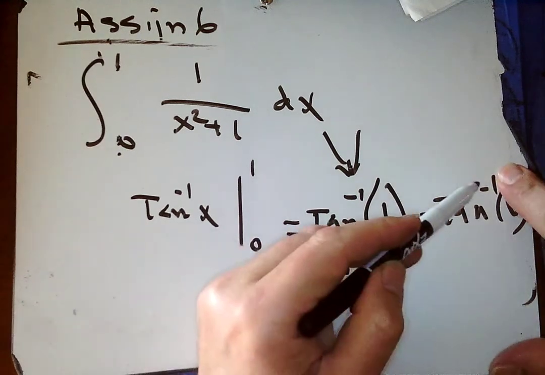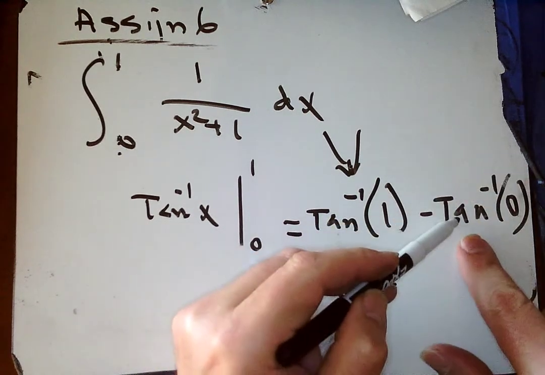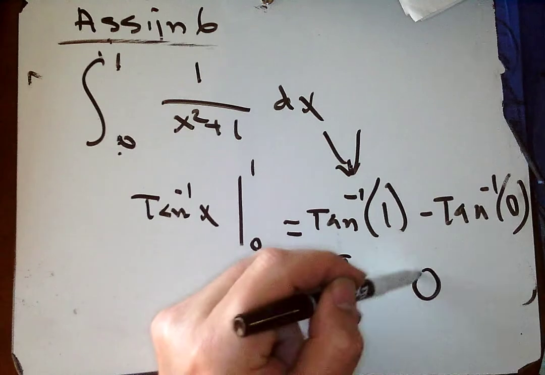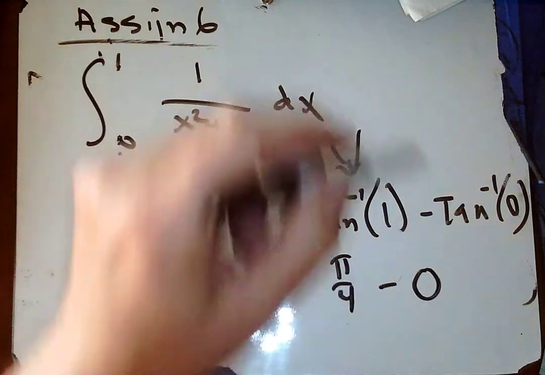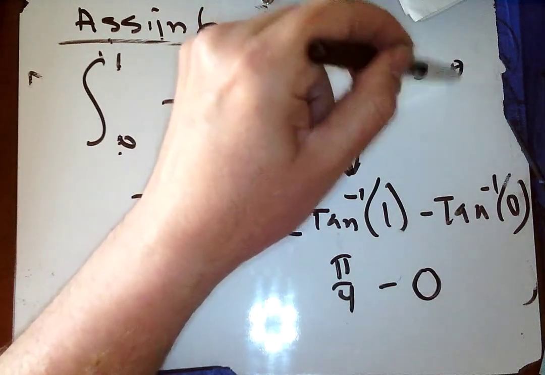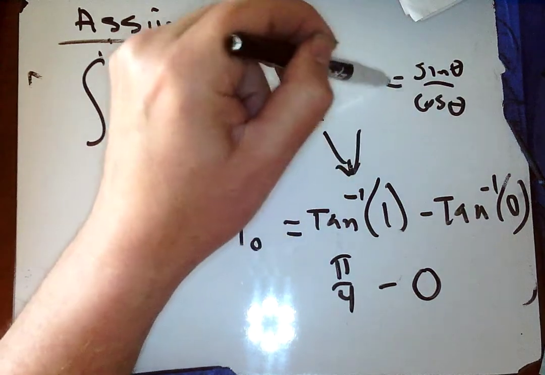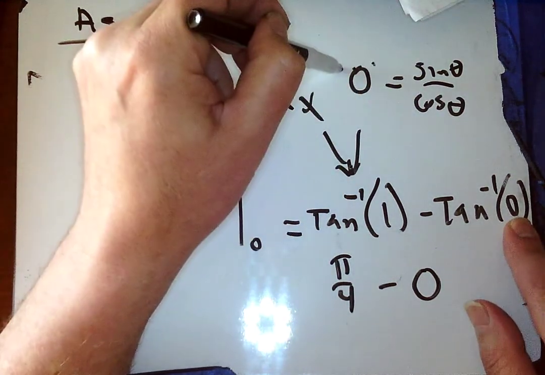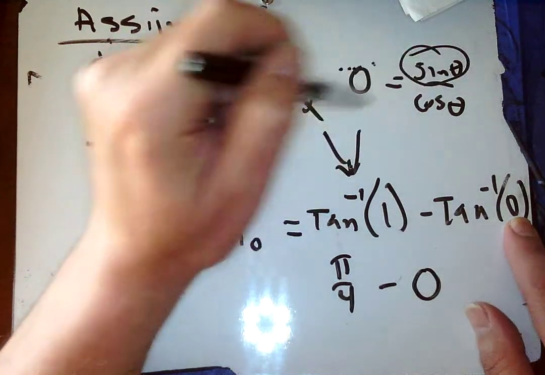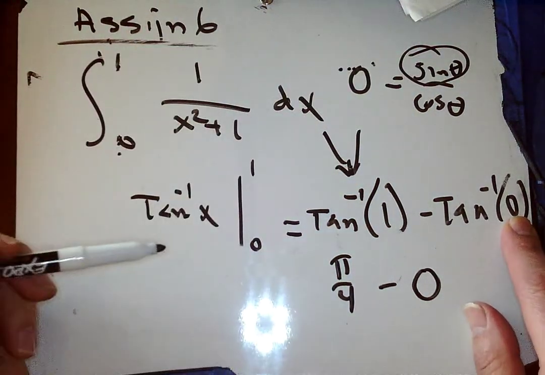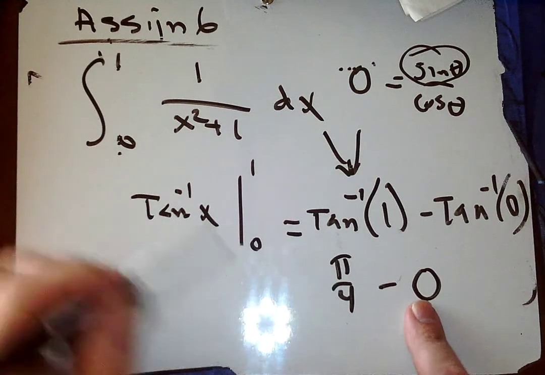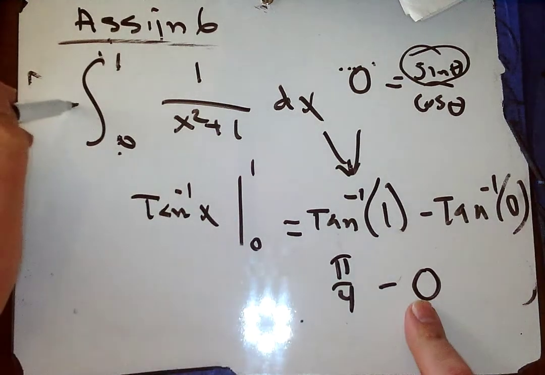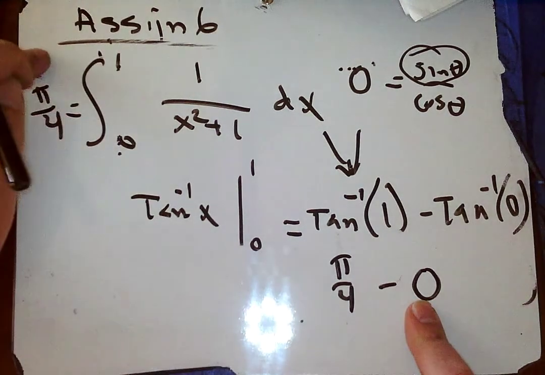What angle within the restriction for tangent has a tangent value of 0? Well, the tangent of 0 is 0. Remember, tangent is sine over cosine, and I want that to be equal to 0, which means the top has to be 0. When is the sine function equal to 0 on negative pi over 2 to pi over 2? That happens at 0. So this integral is going to be pi over 4.